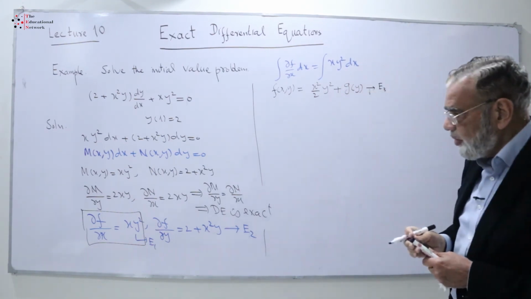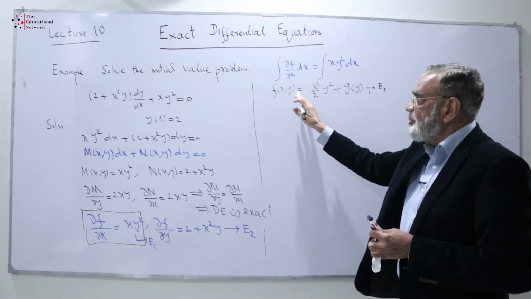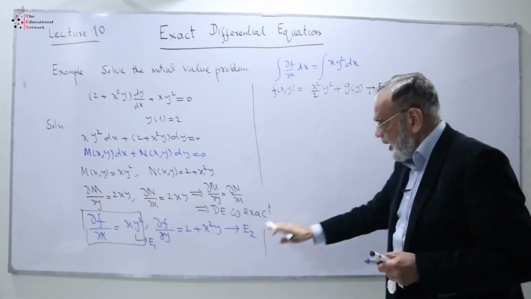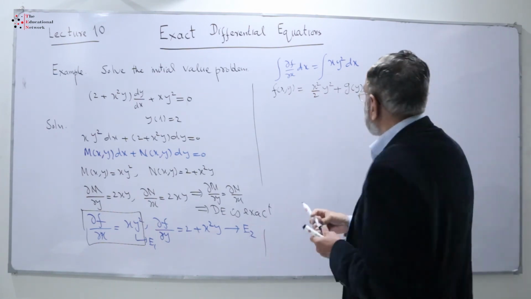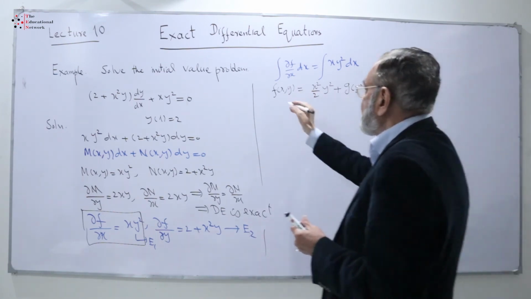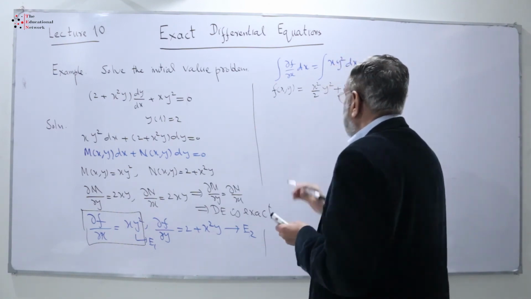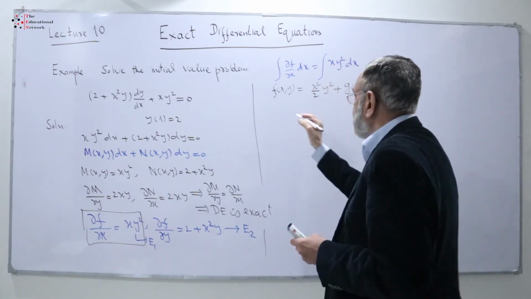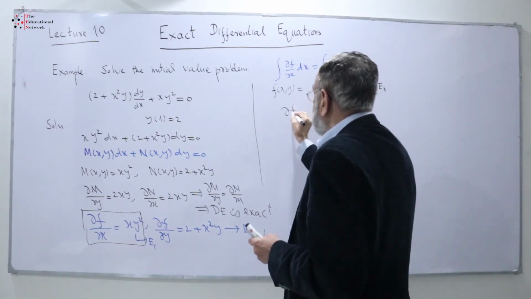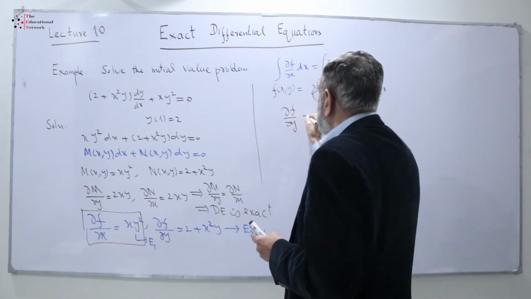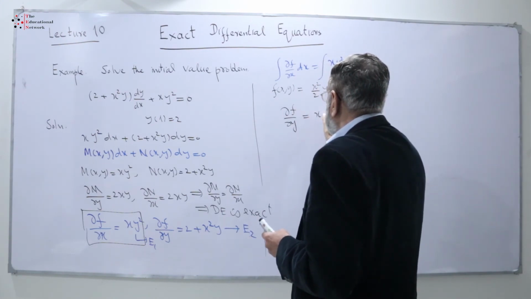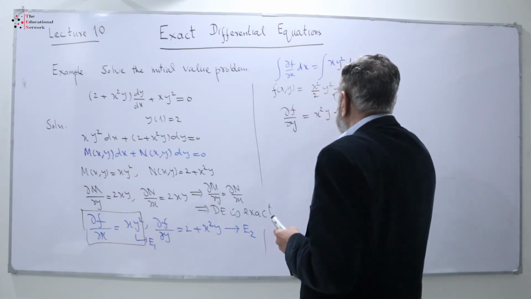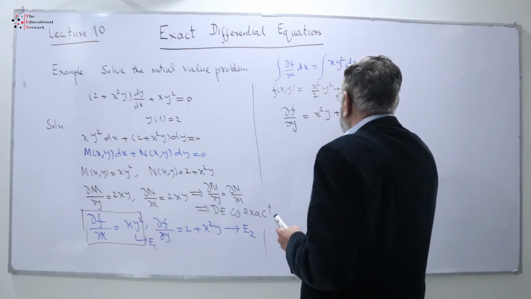Now, as before, I take the value of partial f by partial y from E3 and substitute it in E2 to get the value of g(y). So differentiating with respect to y, f is a function of x and y, so we write the partial derivative with respect to y. I get x square y plus dg by dy.